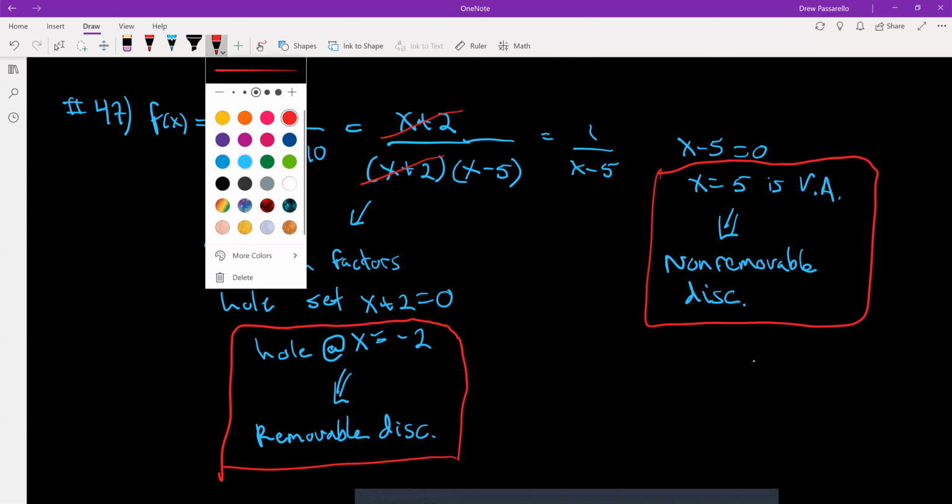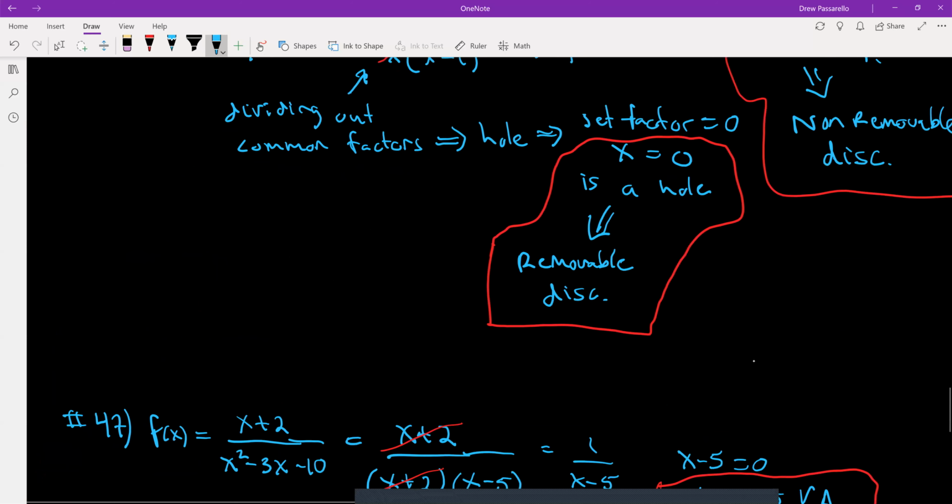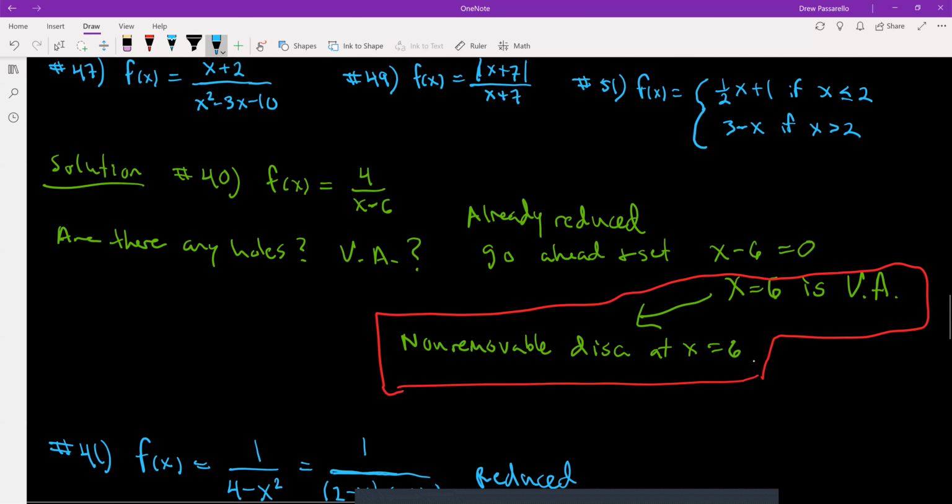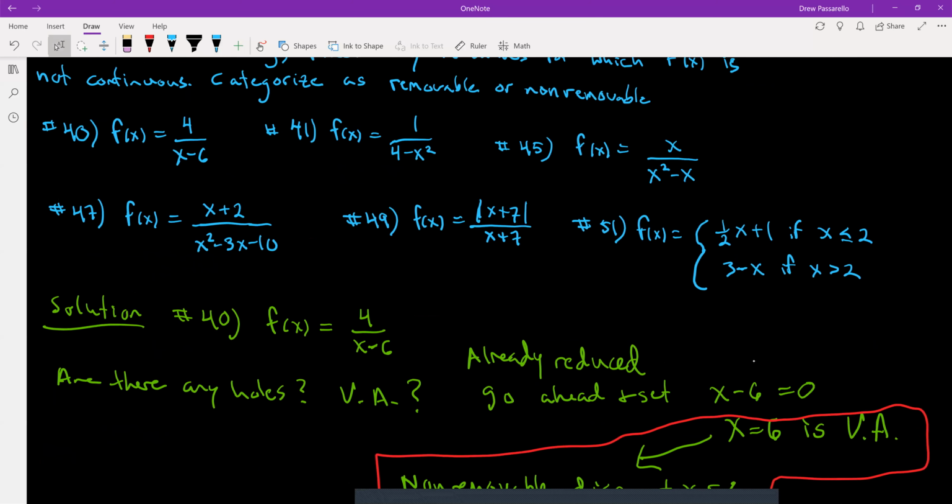Now these last two, 49 and 51, are a little bit different than the previous ones, because 49 has an absolute value and 51 is a piecewise function. So I'm going to discuss these two more in depth.